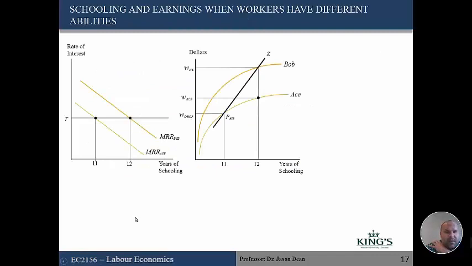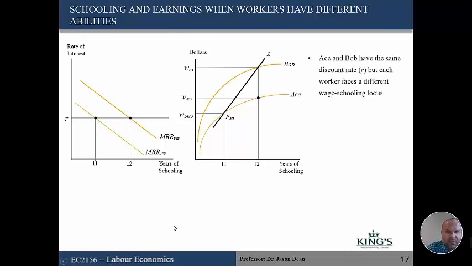Here's an example. In theory, we have on the left here the internal rate of return diagram, and so for these two people, they're going to determine a level of schooling that is different. So Ace would want to get 11 years of schooling, and Bob would want to get 12 years of schooling.